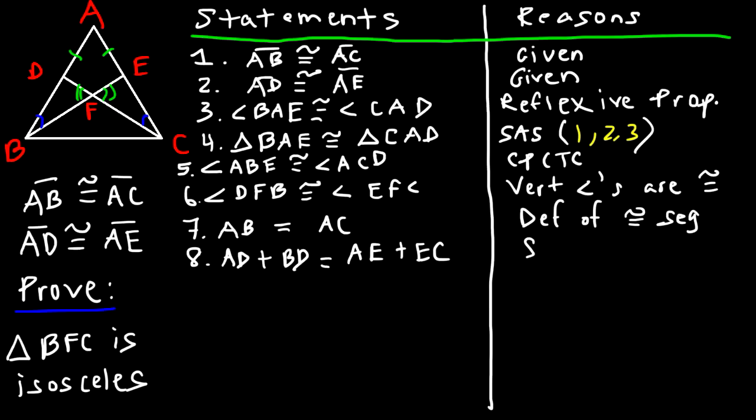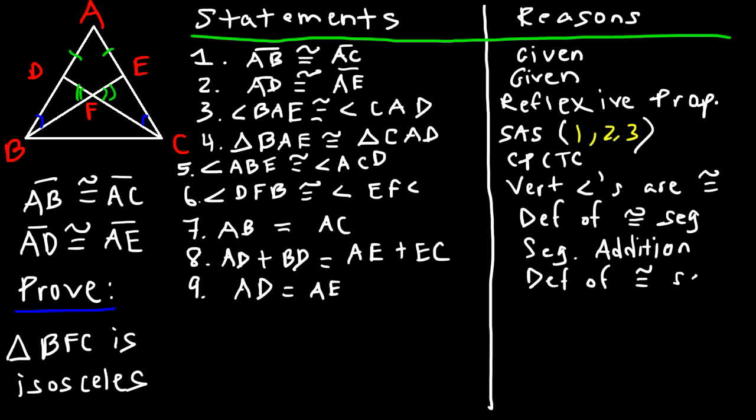So this is segment addition. Now in step 9, I'm going to replace AD with AE. AD and AE are congruent. So you could write AD is equal to AE, definition of congruent segments. And now I'm going to replace AD with AE.